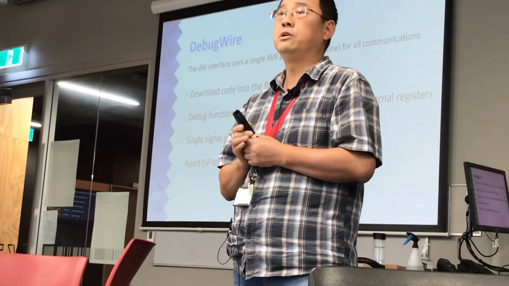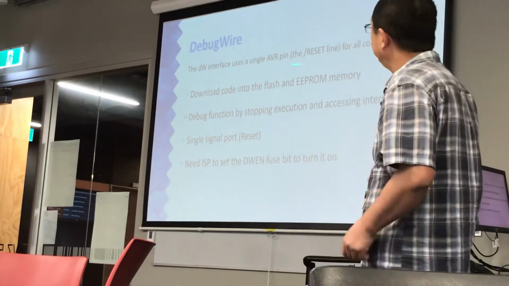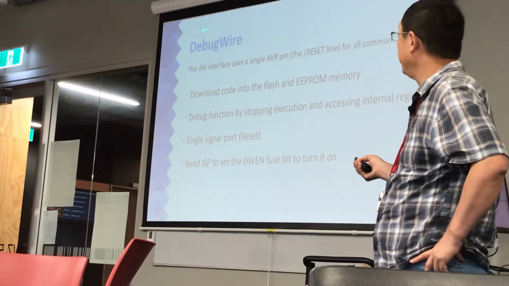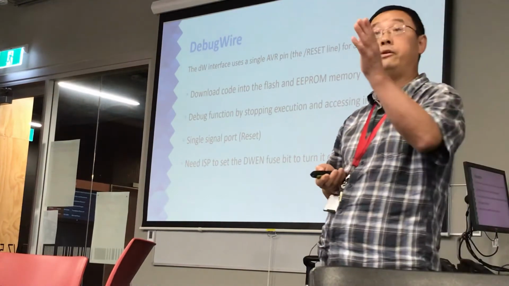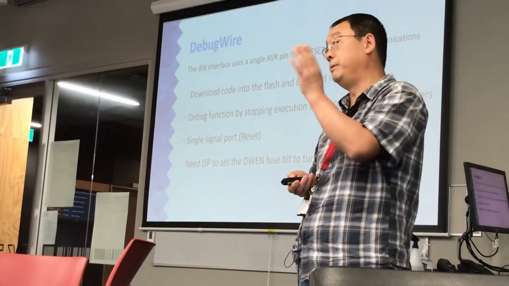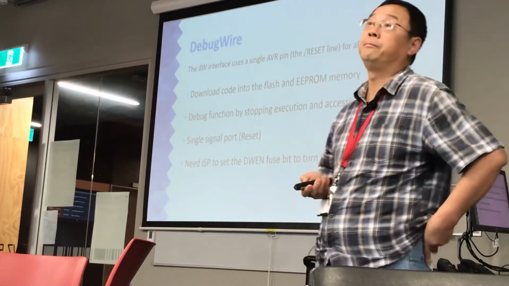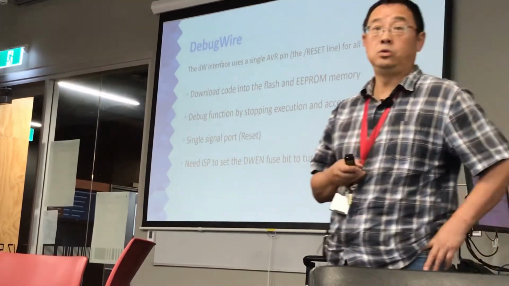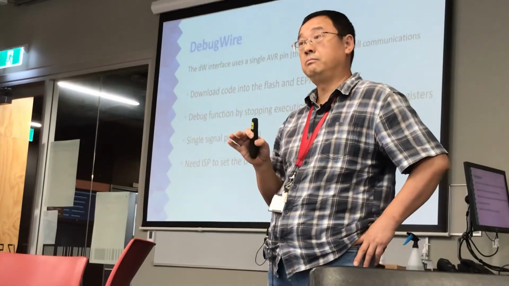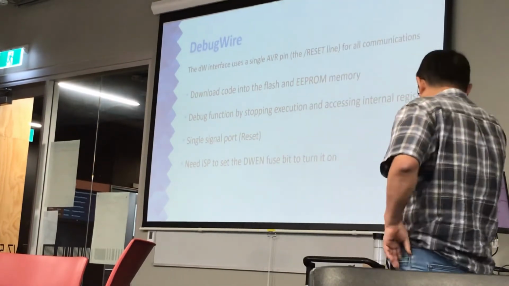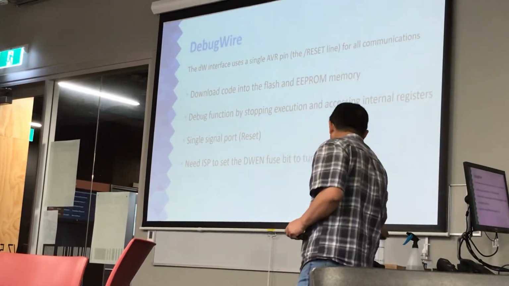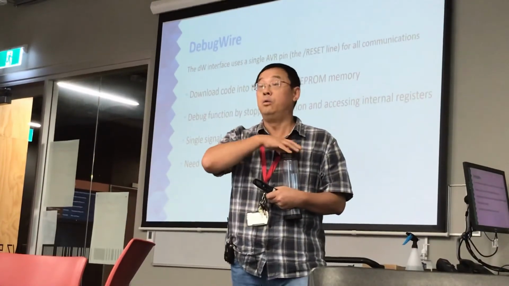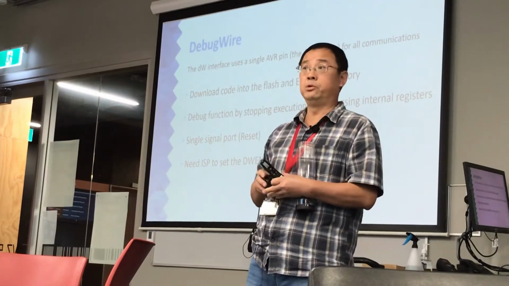If they have no JTAG port, all the low level microcontrollers normally have the debugWIRE that gives you the ability to do the debugging. So if you want to do debugging on a low level microcontroller, you need to make sure this microcontroller has a debugging wire port available you can use.